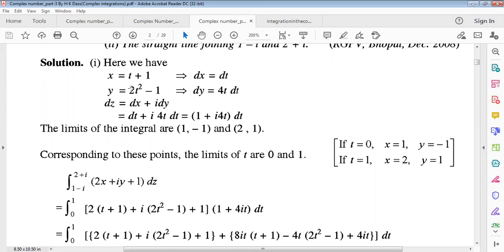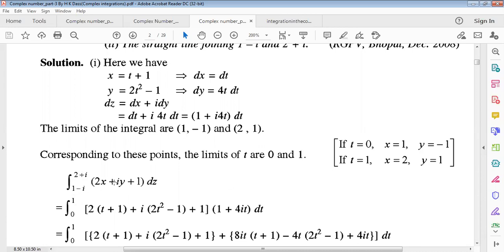Now if t equals 1, x equals 2, and y equals 2 minus 1 equals 1. So corresponding to these points, the limits of t are changing from 0 to 1: the point 1, minus 1 and the point 2, 1. So t is changing from 0 to 1.